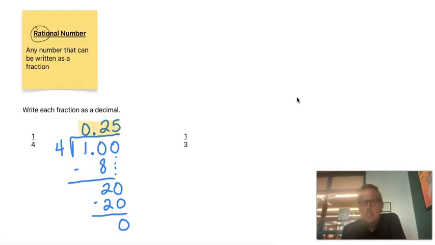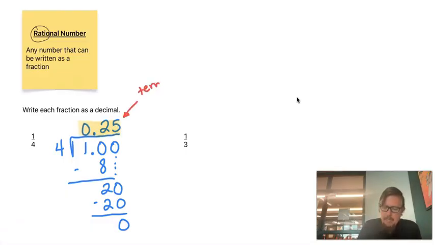And so this is one example of what a rational number looks like as a decimal. It goes 0.25 and then the decimal stops. We do not have any more digits after the 5, and this is what is known as a terminating decimal.